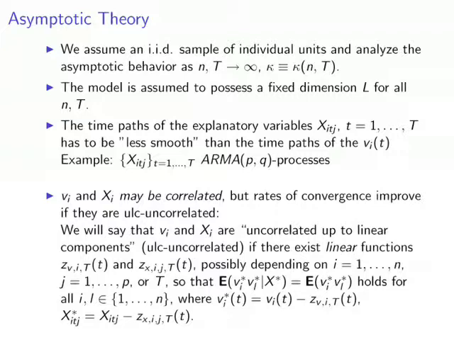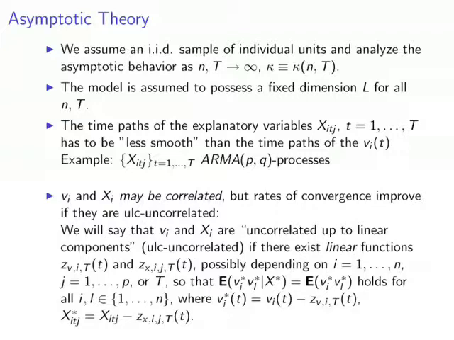The heavy assumption is that the dimension L is fixed for all n and t. What is again assumed is that the time path of the explanatory variables has to be less smooth than the time path of the v_it, so they have to have some noise component which makes it difficult to approximate them by smoothing procedures. For example, it always works if the x_it are, for example, pre-Q processes.